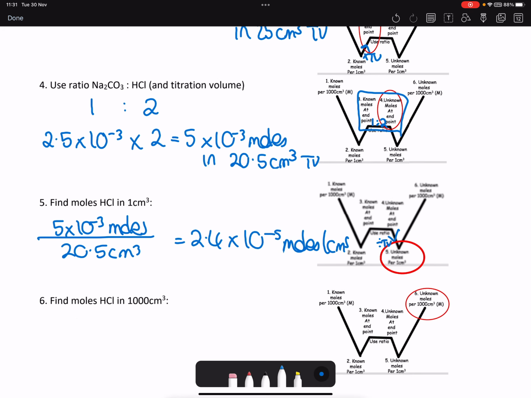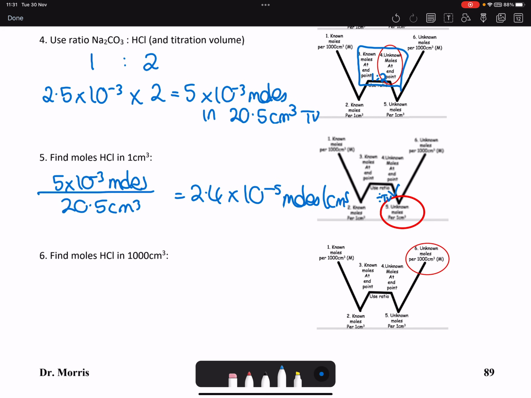The last bit that we're going to do is we're going to find our moles in 1,000 centimetres cubed. So if it's 2.4 by 10 to the minus 5 in 1 centimetre cubed, I have to multiply that by 1,000 to find out what is in 1,000 centimetres cubed.